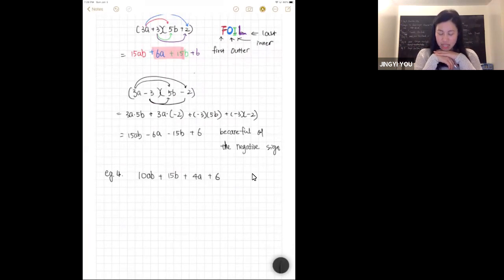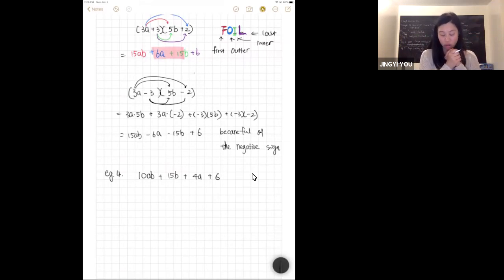These four numbers don't have a common factor except for 1, which is not giving us a lot of information. So now let's look at the letters. Do they all have a? And what about b? Also not true. Some of the terms have b, some of them don't.